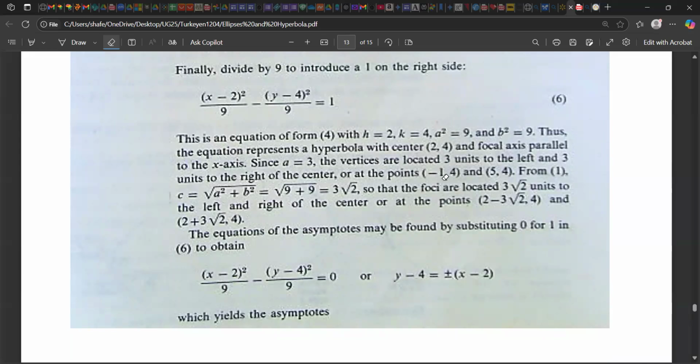For the vertices, you just have to use A equal 3, go left and right, and you'll get the vertices. And then you take those two and you will add or subtract 3 root 2, right? You take it, add it to the center to get that.